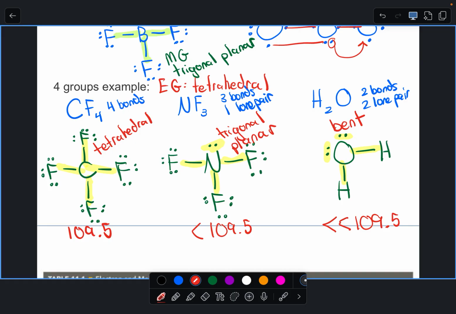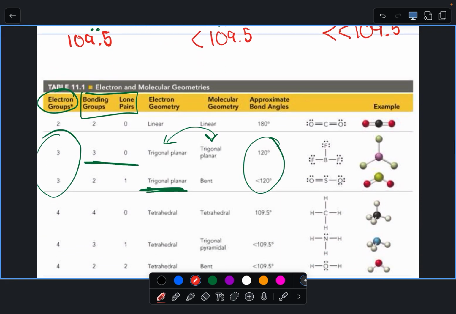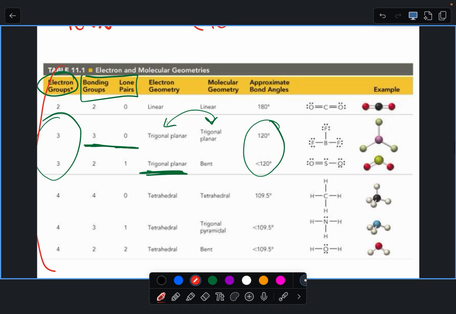So we'll do 5 and 6 groups later, and then we're going to talk about 2 different concepts that still rely on the number of groups. So literally the most important thing, the thing you have to think of first, is what is the total number of electron groups. Remembering that could be a single bond, a double bond, a triple bond, or a lone pair. Okay? Because like I said, there's 2 other properties that are going to rely on this.